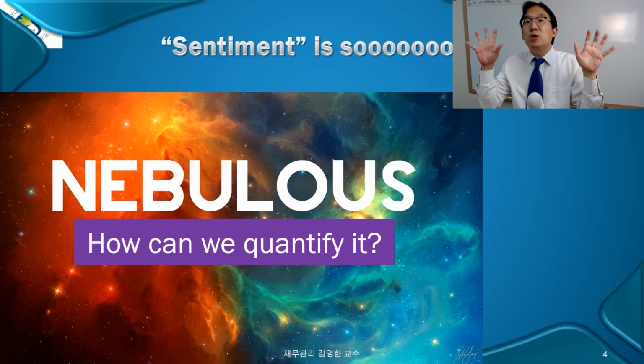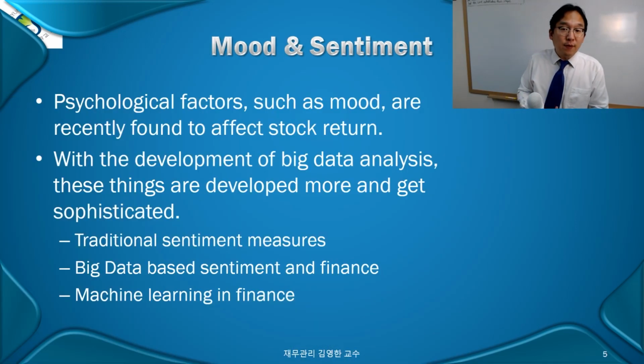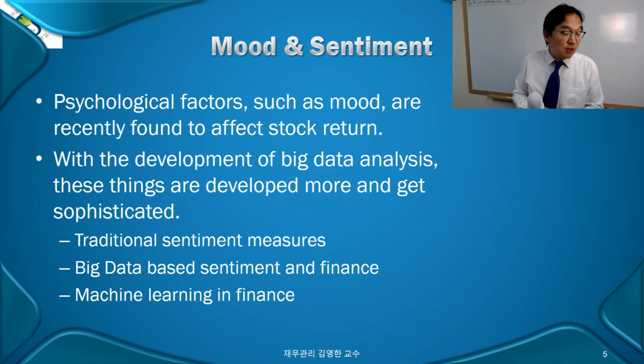If your measuring machine is precise enough, like a big data machine, AI, now you can quantify those sentiments. It's no longer bullshitting. So that's why nowadays behavioral finance guys took off and take the center stage in the finance discussion. Now with the development of big data analysis, those things are developed more and get sophisticated.